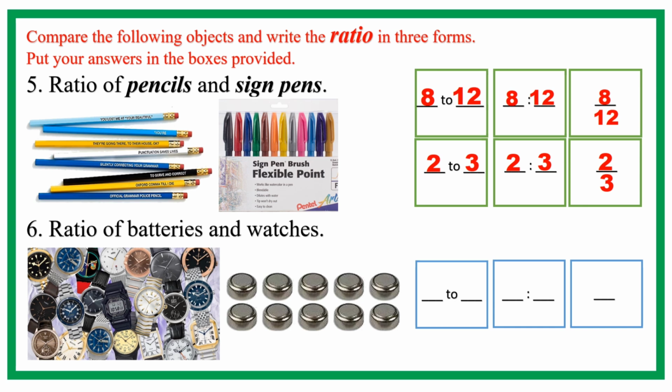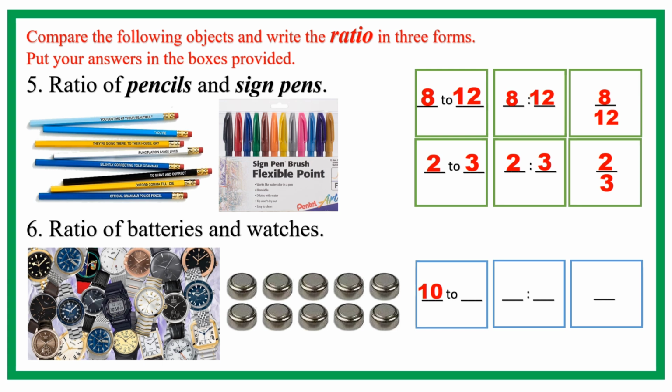Now, let's try to answer number 6. Ratio of batteries and watches. Let's count the number of batteries. 1, 2, 3, 4, 5, 6, 7, 8, 9, 10. We have 10 batteries. How about the watches?